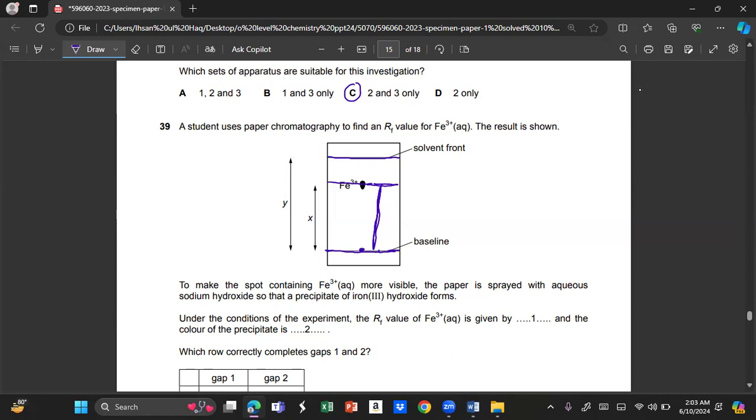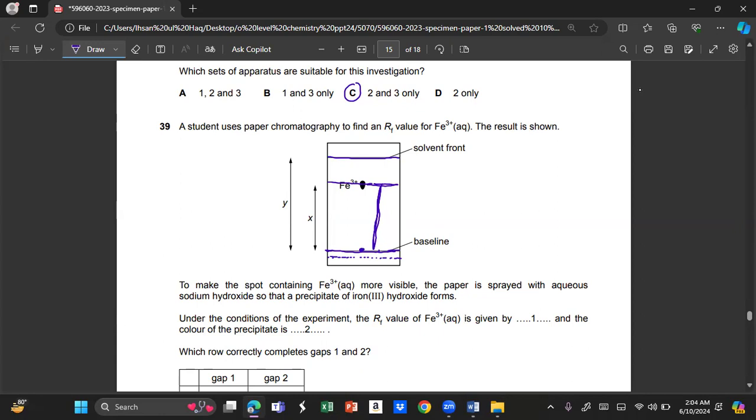They take the distance of the solvent from here, because usually the solvent level is below the baseline. But keep in mind, whenever we measure the distance, it has to be taken for both color as well as solvent level from the same point, that is the baseline.